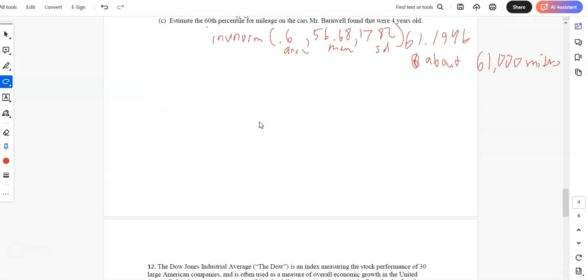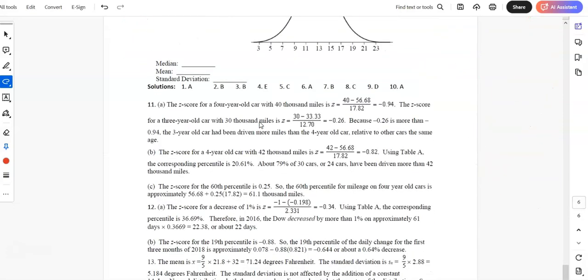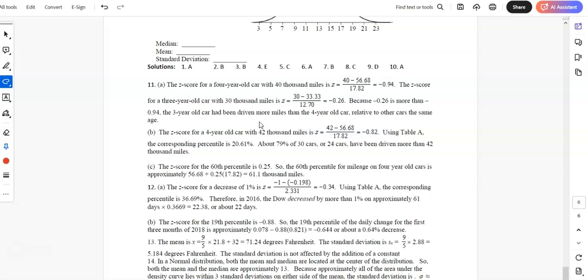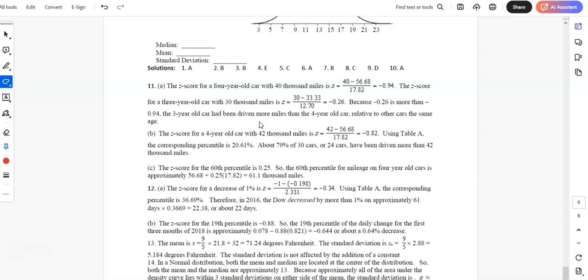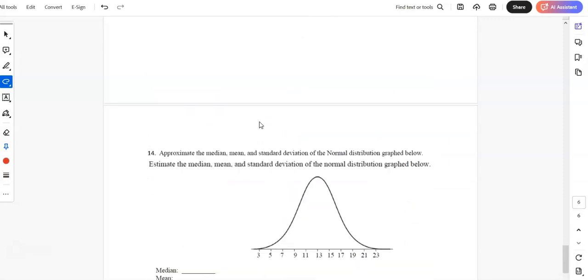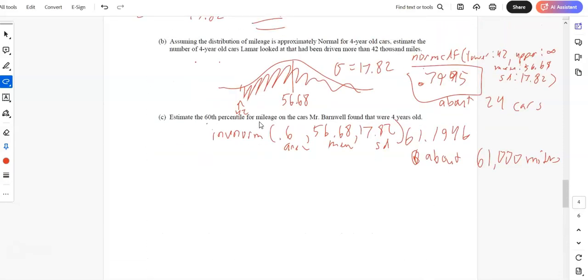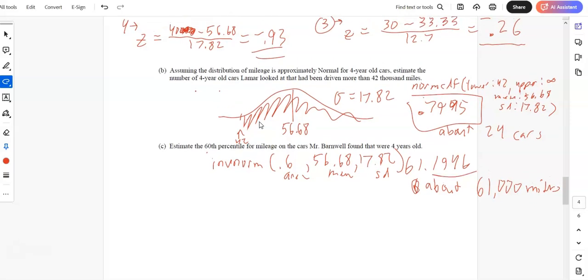Is that what we said? About 24 cars. And then part C, the z-score for this is 0.25. So 61, I rounded it a little bit, but I think we got the idea. 61.1 thousand. Yeah, that's basically it. That would be a little more accurate.